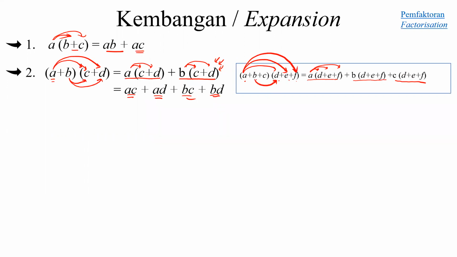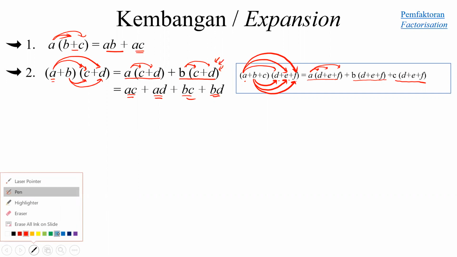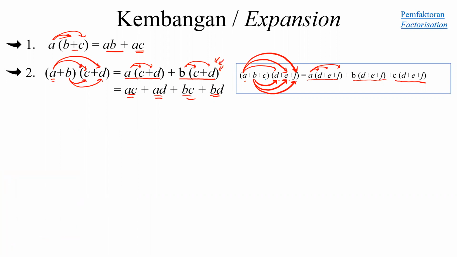Second term with the first term, second term with the second term, second term with the third term, still handled, all right? The last part, how can I draw my arrows so that we reduce the confusion? It's either use a different color or you have to draw the arrows like this. Imagine you are using the same color pen or pencil, it looks very messy.